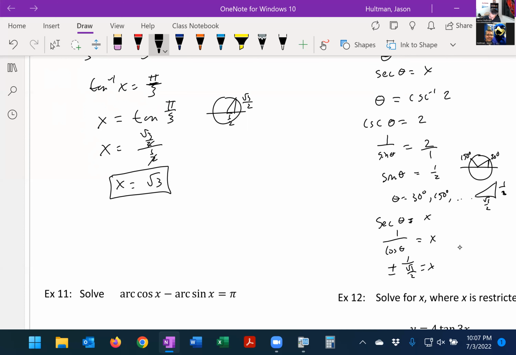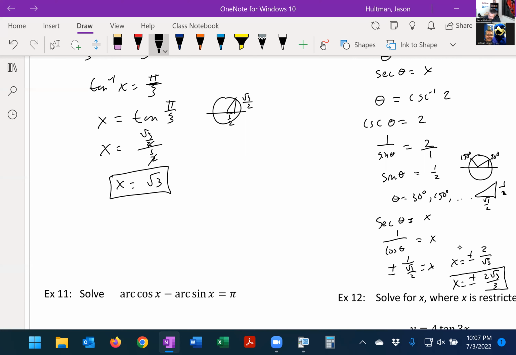Or x is equal to plus or minus, dividing by a fraction, multiplying by the reciprocal, 2 over radical 3. If I wanted to rationalize the denominator, x is equal to plus or minus 2 radical 3 over 3.